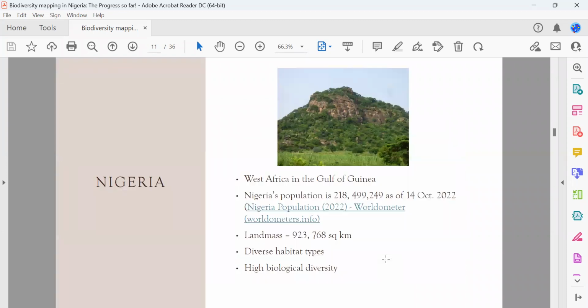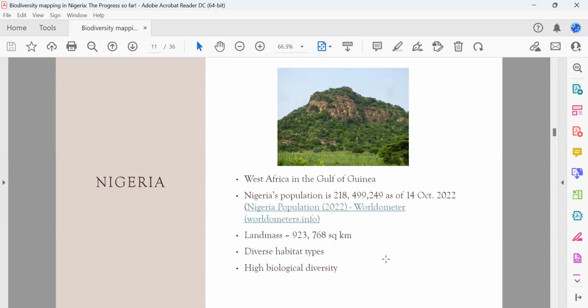So now I am focusing on Nigeria, just to give us an overview of our environment. Nigeria is located in West Africa in the Gulf of Guinea, which comprises several rivers, forests, and of course is located in the Guinea-Congolian biodiversity hotspot, which is listed as one of the 34 biodiversity hotspots. As of today, the population of Nigeria is over 280 million.